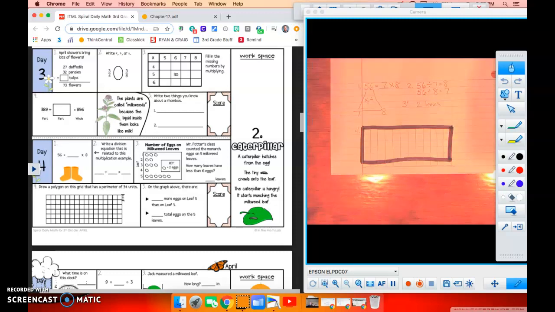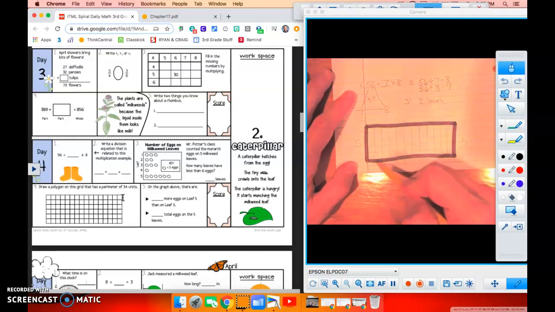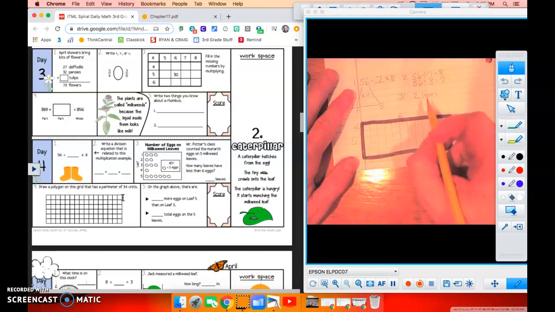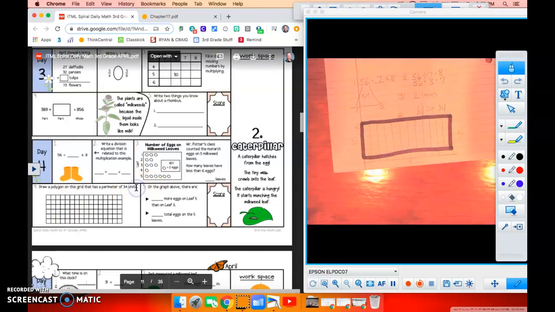So when I look at the perimeter of this, I see 1, 2, 3, 4, 5, and 1, 2, 3, 4, 5, and 1 through 12, and there's 12 on top. So 12 plus 12 is 24. 5 plus 5 is 10. 10 plus 24 is 34. And I wanted 34 units, okay?